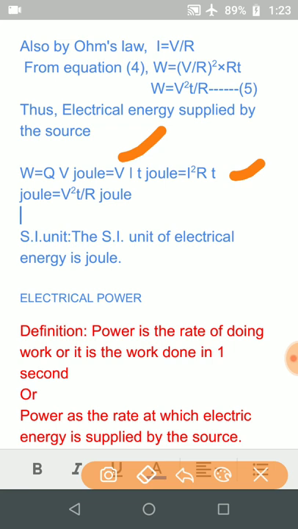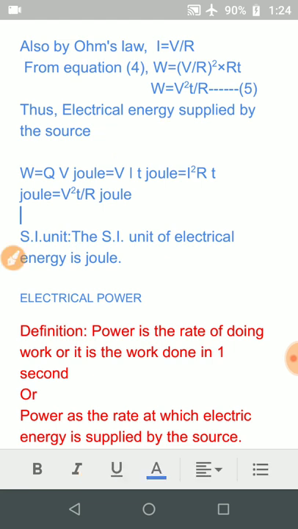Then V square T by R is also joule. By knowing these 3 to 4 formulas, we can easily build a relation between electrical energy, charge, voltage, current and resistance. Therefore, it is easy to remember the formula W is equal to VIT, and at the same time remember Ohm's formula, V is equal to I into R.